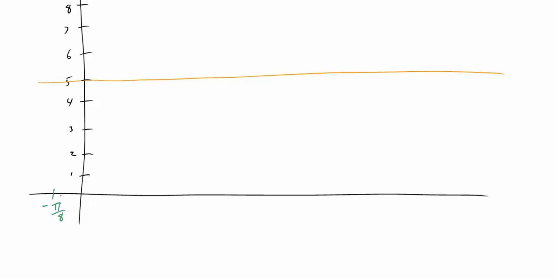So we have negative pi over 8, and then of course here we would have 0, and then we would have positive pi over 8, 2 pi over 8, 3 pi over 8, 4 pi over 8, 5 pi over 8, 6 pi over 8, and 7 pi over 8.